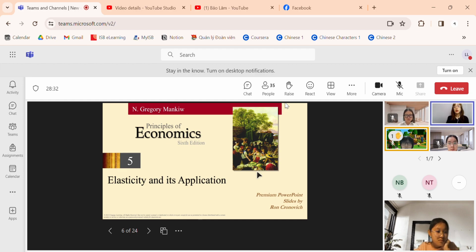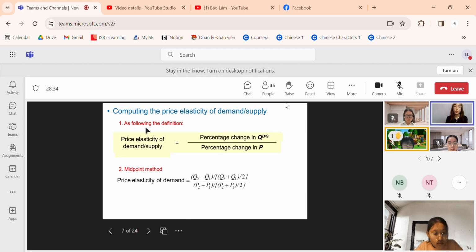Okay, right. So first of all, the first thing is about the way we calculate it. We learned 2 methods, right? We can use the definition method or we can use the midpoint method. So it's up to the information you have in the question. If the question provides you the percentages, we will use the definition method.